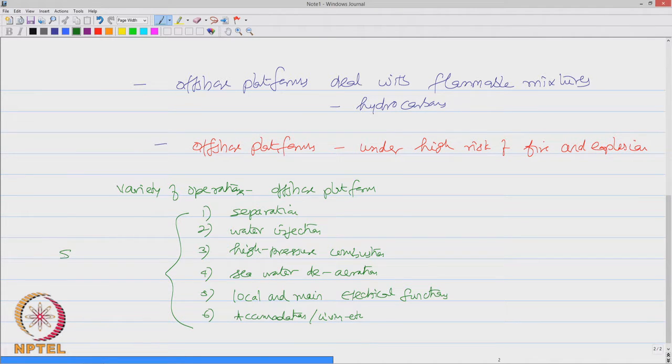Therefore, safety against fire and explosion is important.